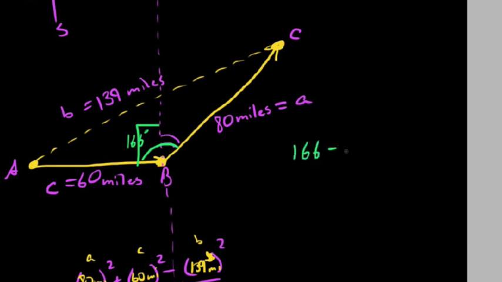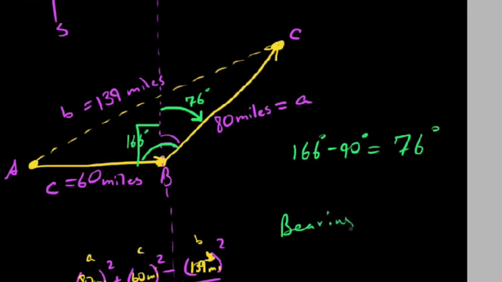So 166 minus 90 degrees, and I do believe that yields 76 degrees. So in terms of a bearing, it is north 76 degrees towards the east. The bearing is north 76 degrees east.